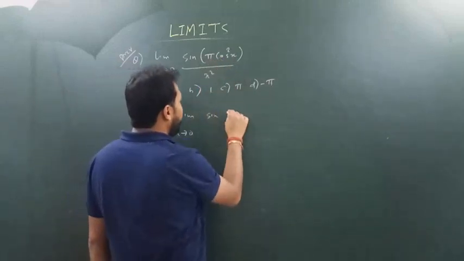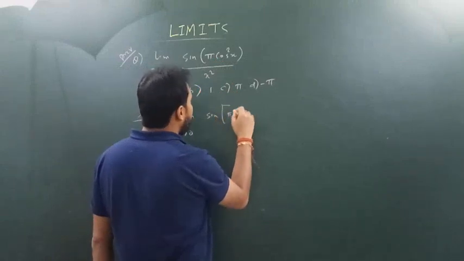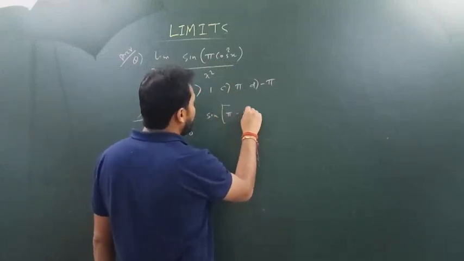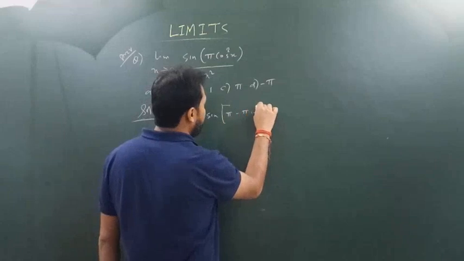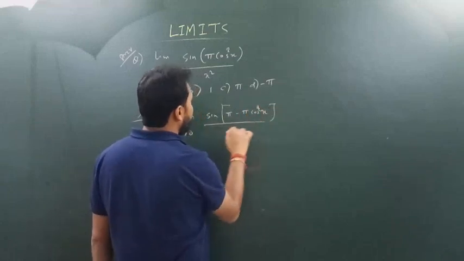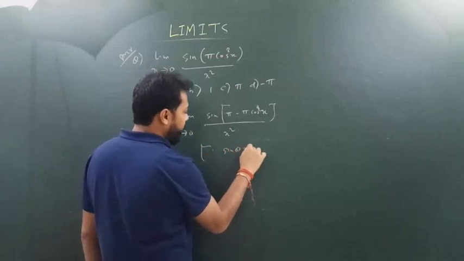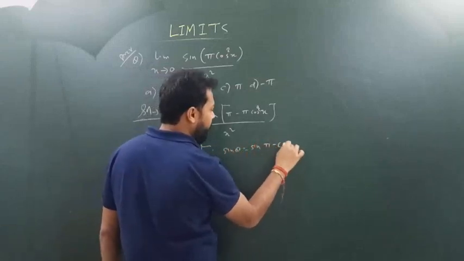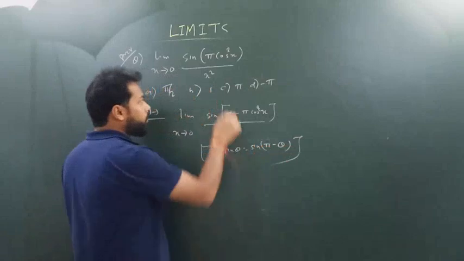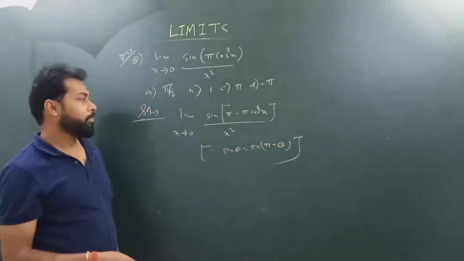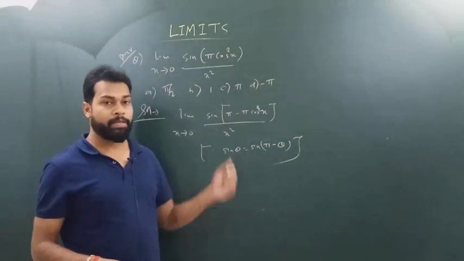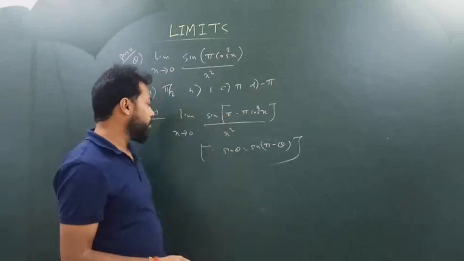Sine theta is equal to sine of pi minus theta. So we can write pi minus pi cos square x, divided by x square. Why? Because sine theta is equal to sine of pi minus theta. This complete expression is theta here, so this is sine of pi minus theta, that will give the same value.